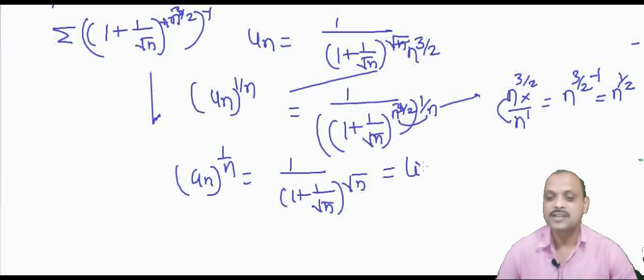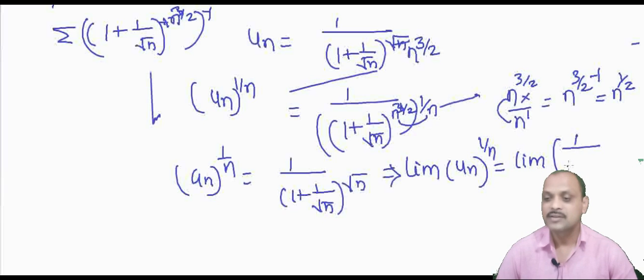Now let us take the limit of u_n whole raised to 1 by n, equal to limit of 1 divided by (1 plus 1 by under root of n) whole raised to under root of n as n tends to infinity.